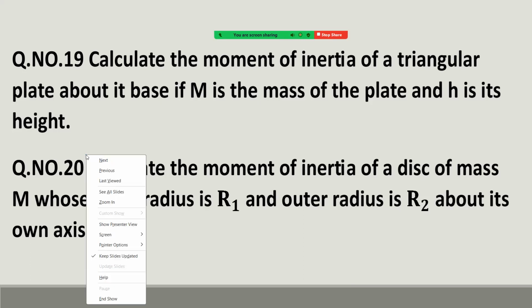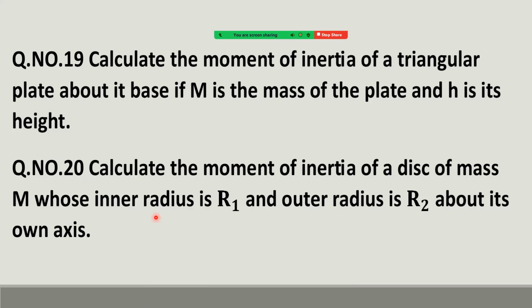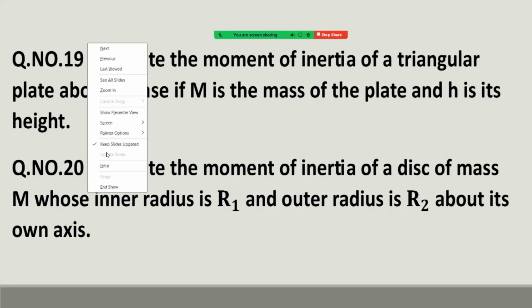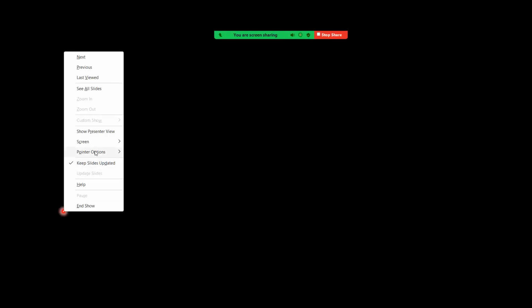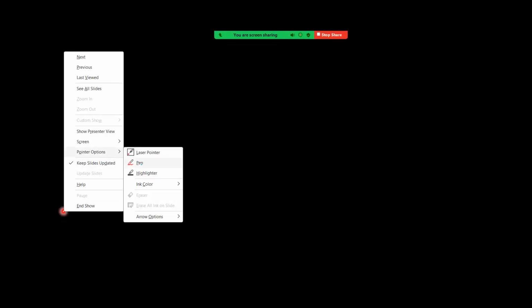Let us see the next problem. Calculate the moment of inertia of a disk of mass m whose inner radius is r1 and outer radius is r2, about its own axis. Now see the calculation, how to start it.